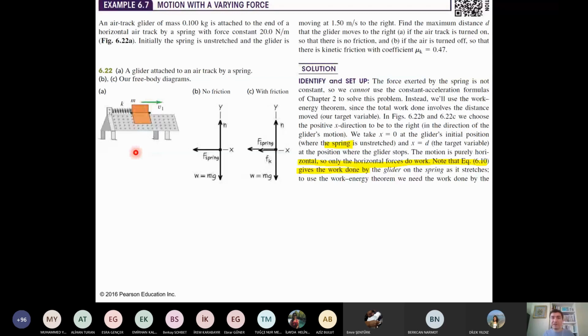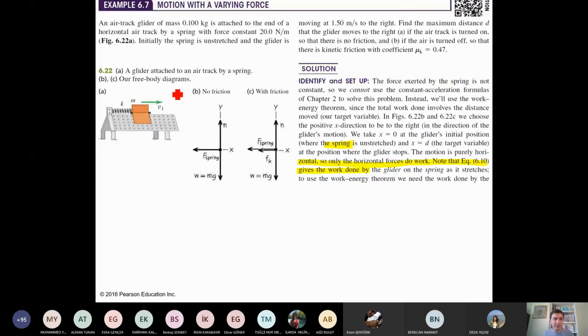But the glider is moving at 1.5 meter per second to the right. The glider is moving to the right, okay? It has certain velocity. Question: find the maximum distance d that the glider moves to the right if the air track is turned on so that there is no friction, and if the air is turned off so there is friction, kinetic friction with coefficient mu k equal to 0.47. So, two conditions.